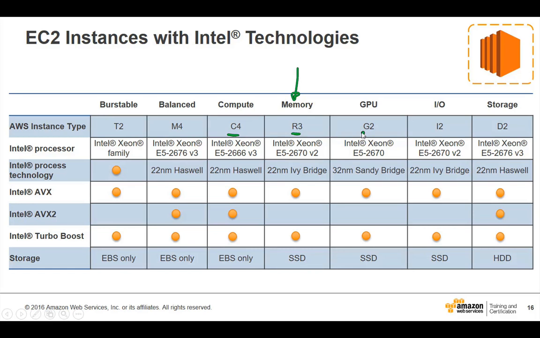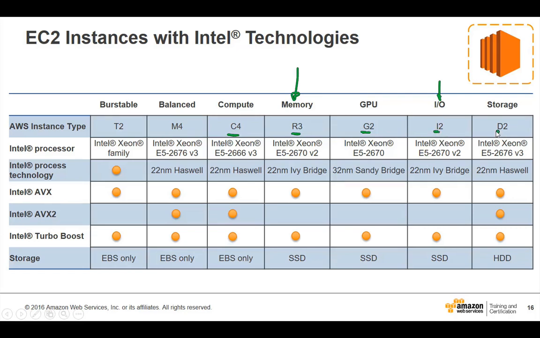Need graphics processors and machine learning? You might use a graphical processor that has all these different types of processor technology and is designed specifically for that type of task. Maybe you're running MongoDB and you need lots of fast reads and writes. Well, in that case, you need a high I/O optimized machine with these type of technologies, and you would pick an I machine.